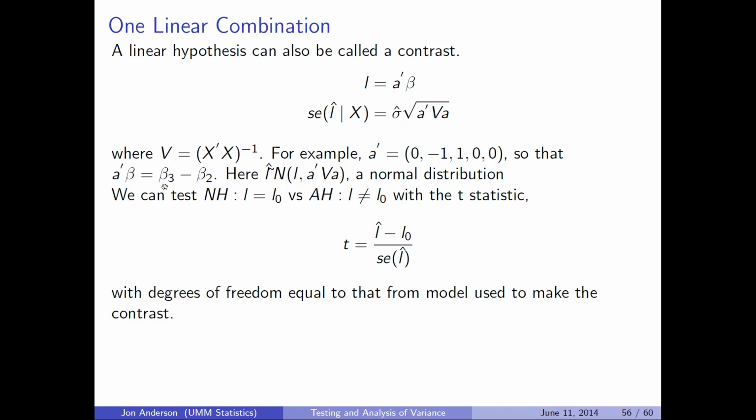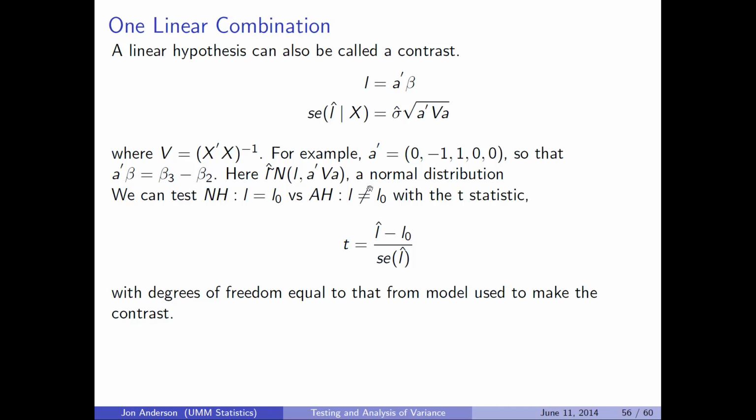Here's a little example. If I wanted to compare beta 3 minus beta 2 from a model, I would have the beta 3 with a 1. The beta 2 gets hit with a minus 1, and that would form a linear combination, and you can use the estimate, the L hat, by plugging in beta hats everywhere, and the null hypothesis value that you were interested in, and then this standard error can get constructed from this formula.